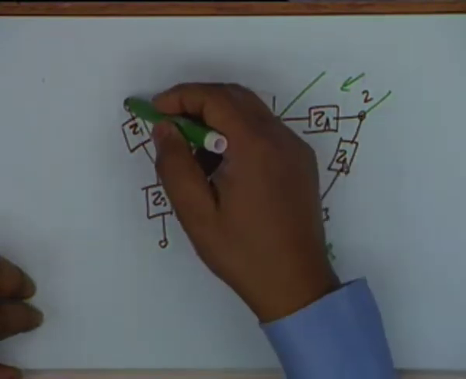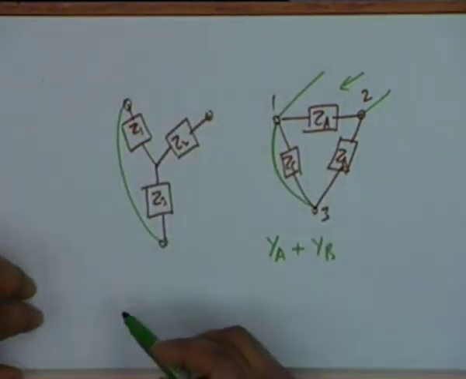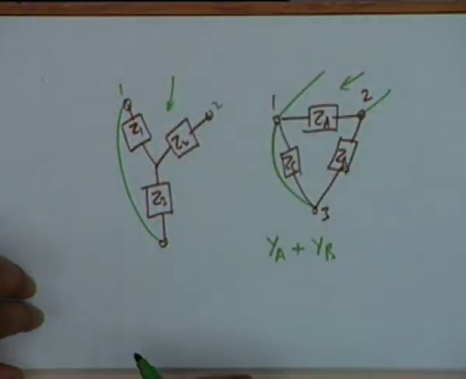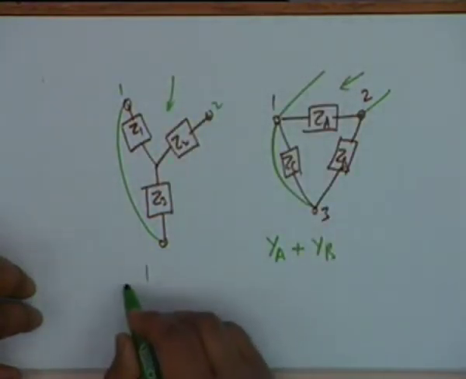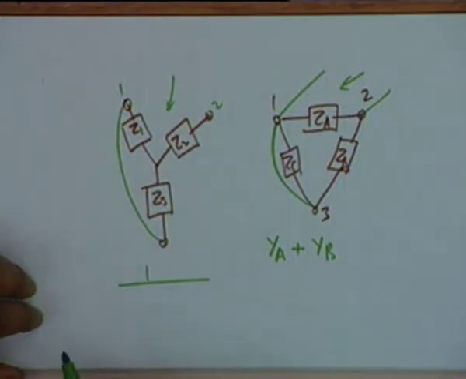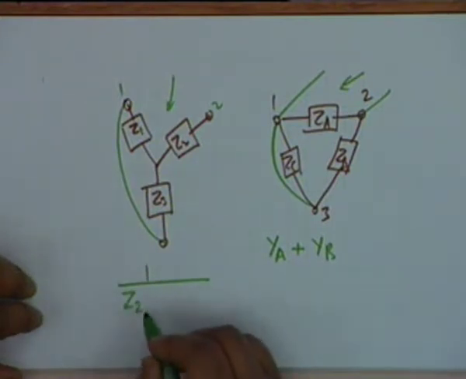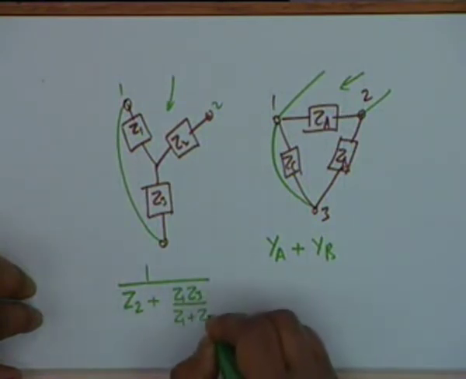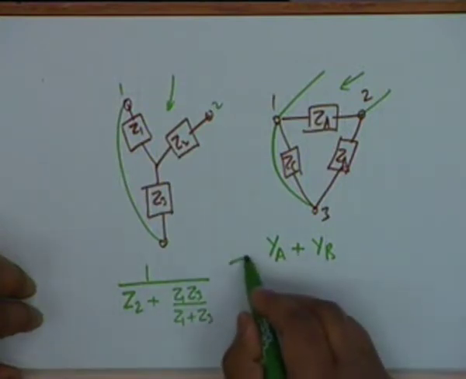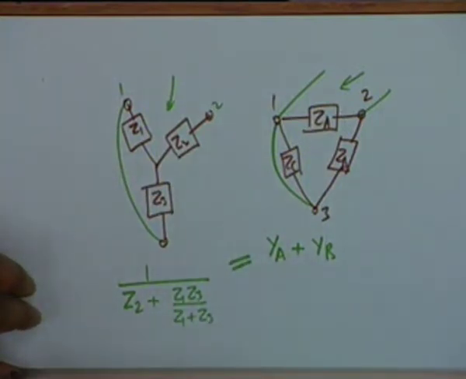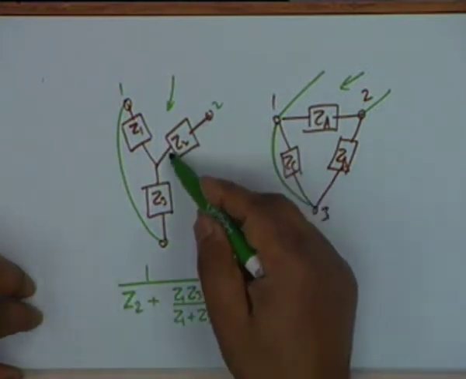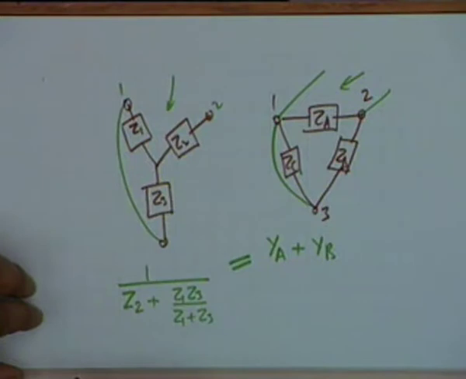Now we short circuit 1 to 3 and measure the admittance between 1 and 2. What shall we get? We shall get 1 over the impedance. Impedance will be Z2 plus Z1 Z3 divided by Z1 plus Z3. Agreed? These two should be equal. I am finding out by inspection Z2 plus the parallel combination of these two.